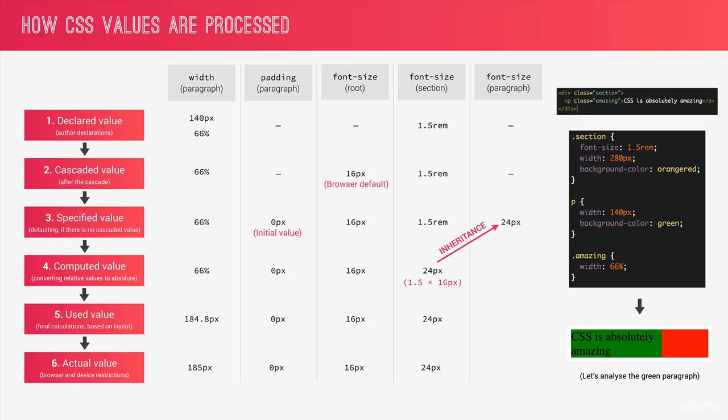It works like this because it's actually extremely useful. Imagine you'd had to specify the font size on each and every element. It wouldn't be really practical, right? So we just need to define it on some parent, and the children will then inherit it, unless we declare something else, of course. So again, we talk about inheritance a bit later, but this is the most important lesson about it. Alright, and so these 24 pixels we inherited from the section div are our specified value, and of course it's all the same down to the actual value.